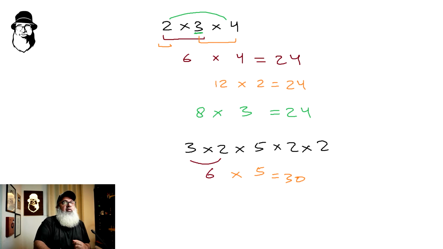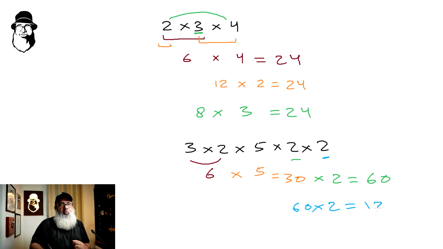Then this 30 times this 2 is 60. And in the end, this 60 times this 2 is 120. That's the answer we get.